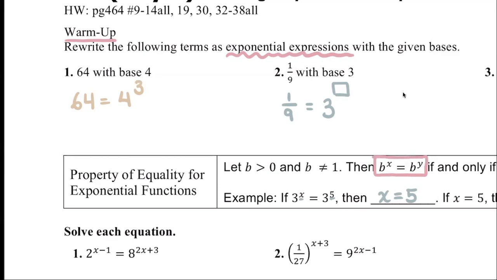Okay, good job, guys. Yeah, this would be to the -2, because the negative is what flips the fraction, and 3 to the 2nd power is what gets you the 9.